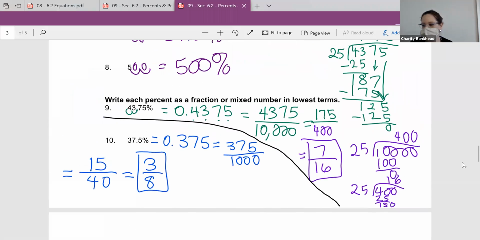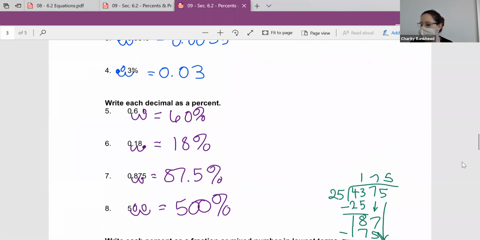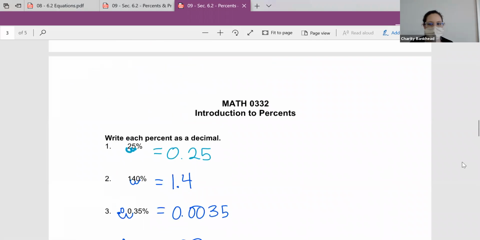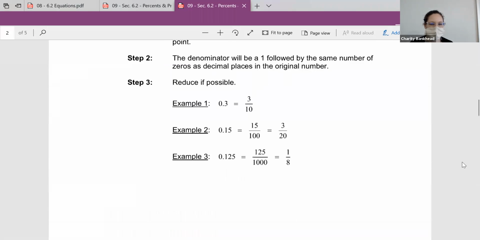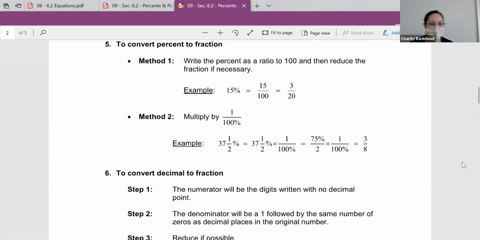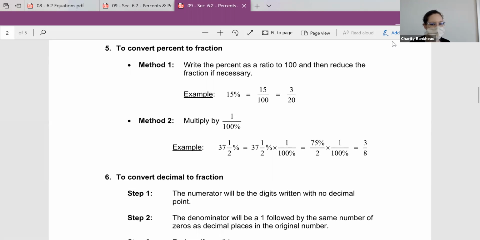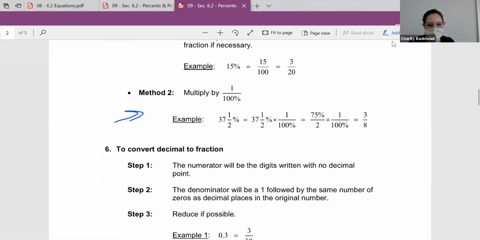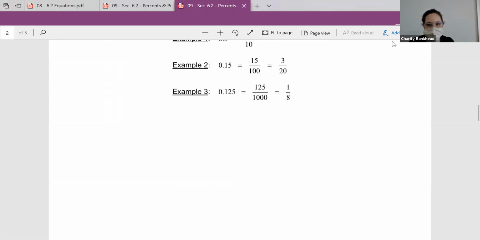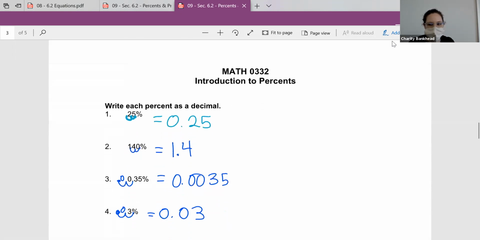So let's look back at one of these things up here. I think that would come in handy right here. This method maybe right here. Multiply it times 1/100%. I think that's what we should do. So first I'll change it to an improper fraction.